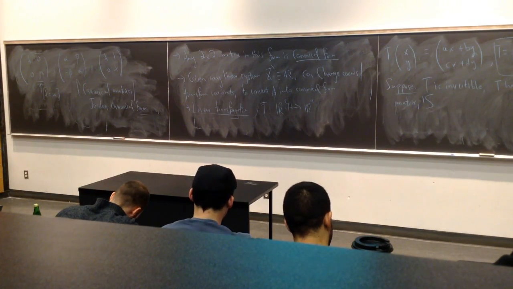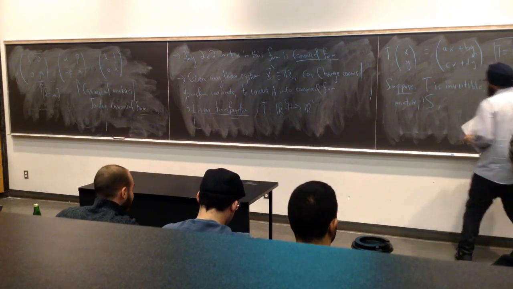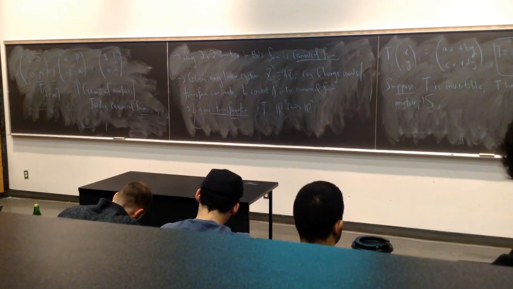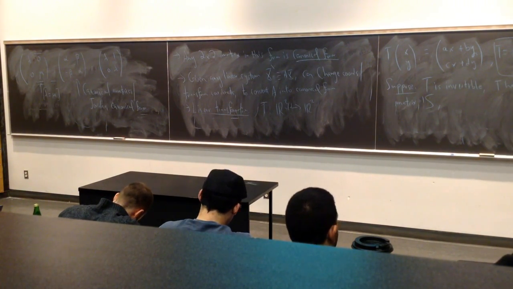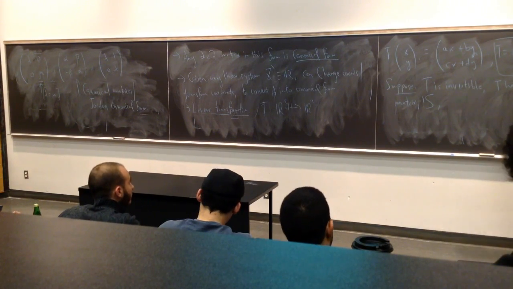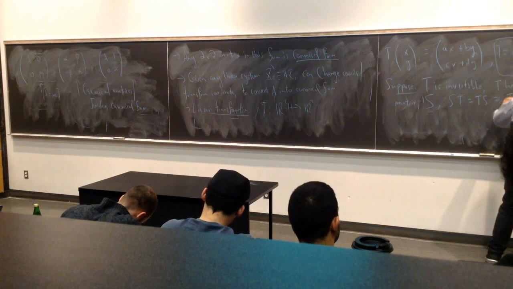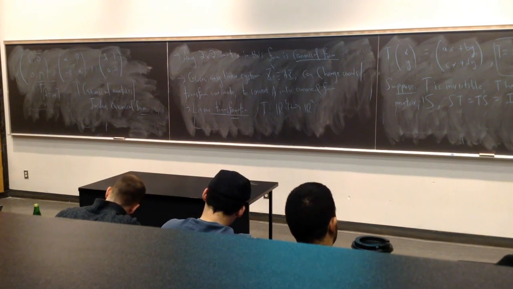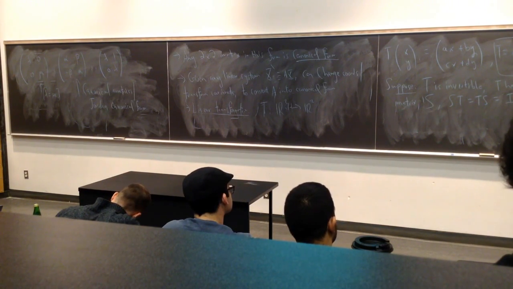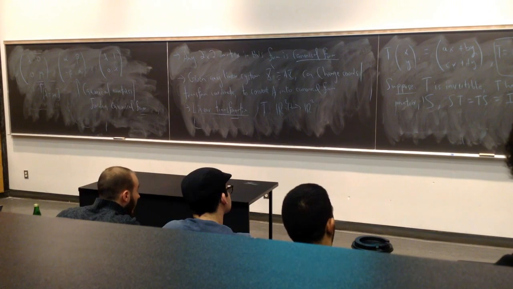So then, if S is the inverse of T, what does S times T give you? The identity. So therefore, ST is equal to I, and I mean the identity matrix. So I is equal to [1 0; 0 1].